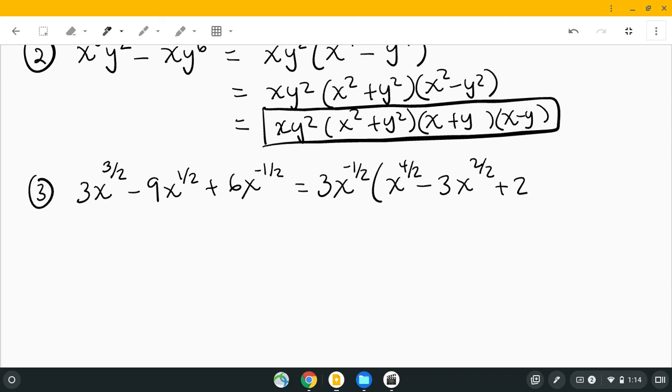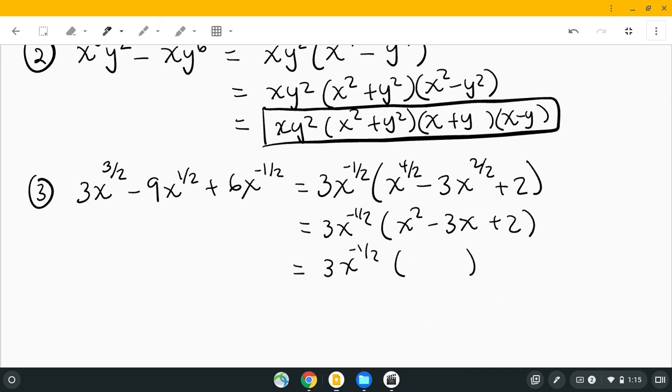And that's already been factored out. Okay. Let's clean up our fractions inside the parentheses. 4 over 2 is the same as 2. 2 over 2 is the same as 1. And so I have this. And I have that trinomial, so I'm going to see if I can factor out this trinomial some more. So that's x and x, minus 2 and 1, and that gives me -3x for the middle, so that is correct.